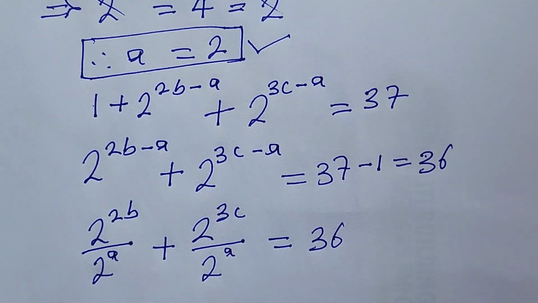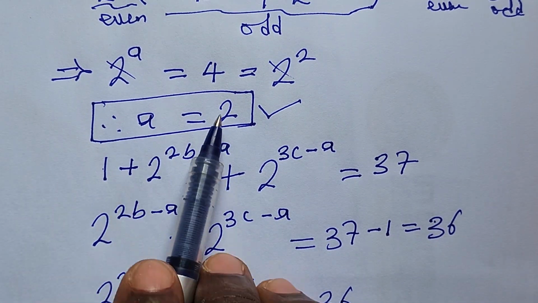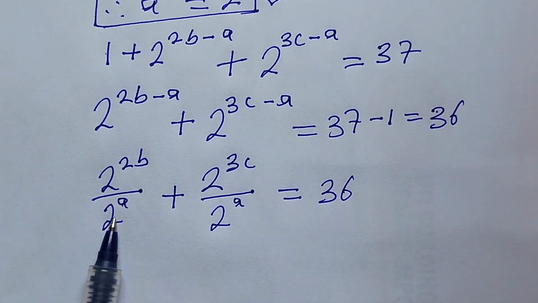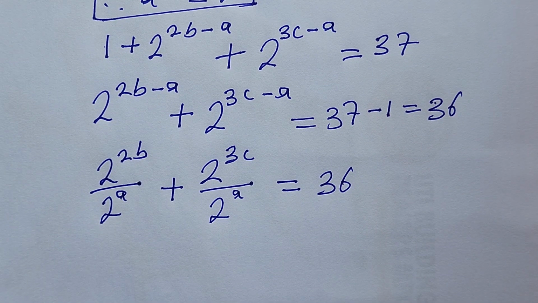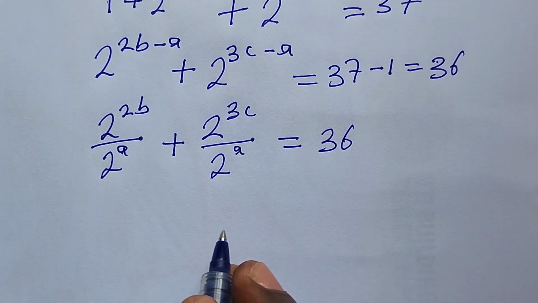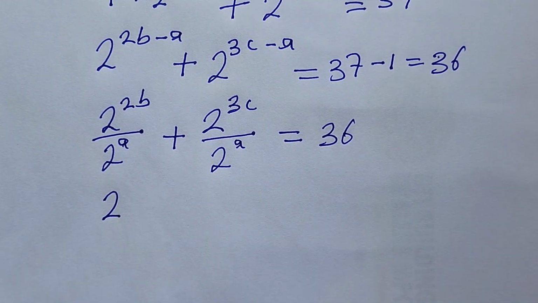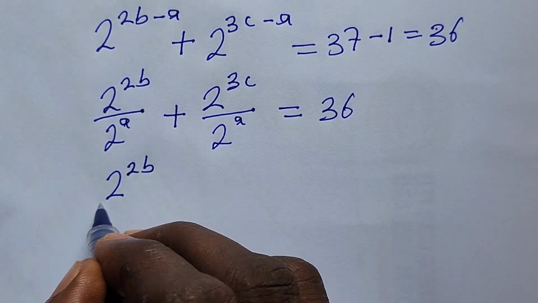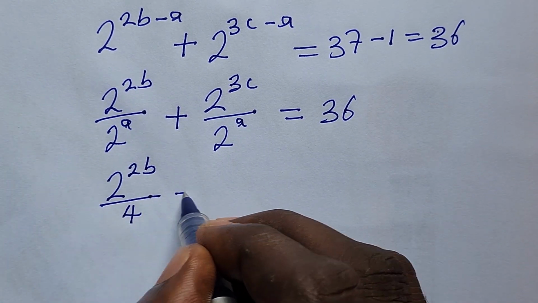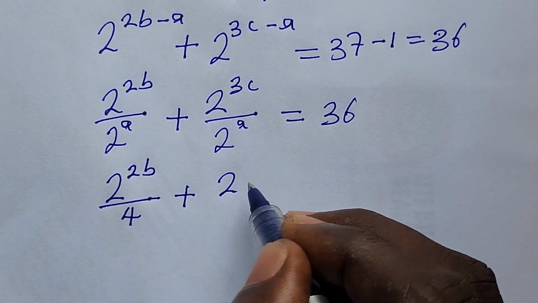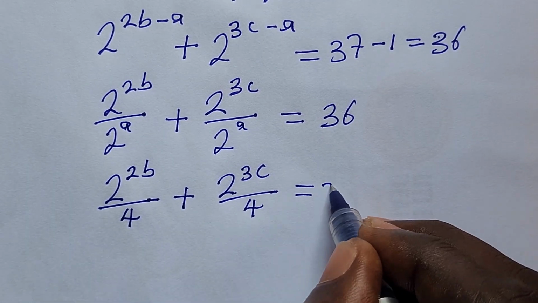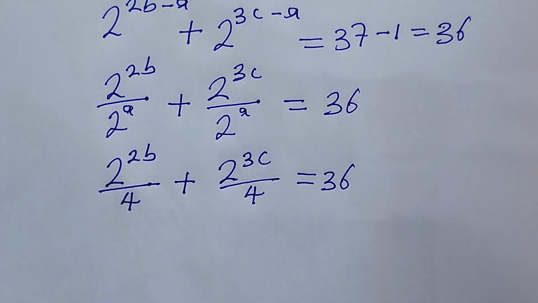We have solved for the value of a already, which is equal to 2. So if we replace that here, this will give us 2 to the power of 2, and 2 to the power of 2 will give us 4. So again, we can now rewrite this as 2 to the power of 2b all over 4, plus 2 to the power of 3c all over 4 equal to 36. Easy.